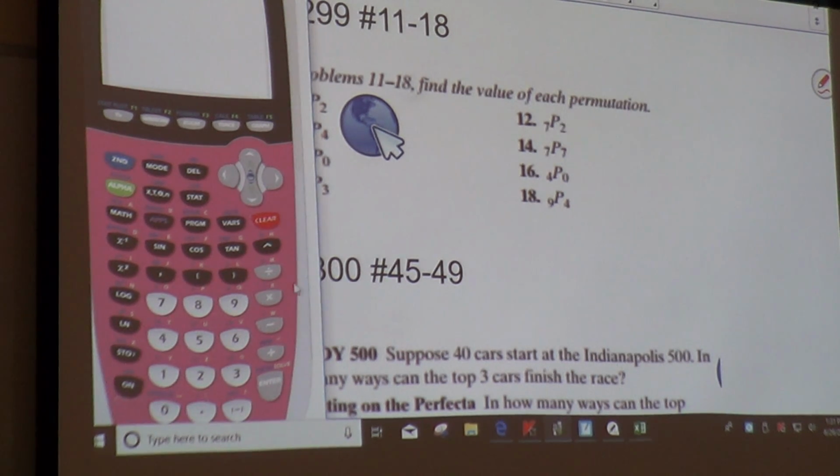For number 12, you would do 7, then hit the math button, go over to probability, number 2, and then hit 2, enter. That's right, because that was about permutations and combinations.